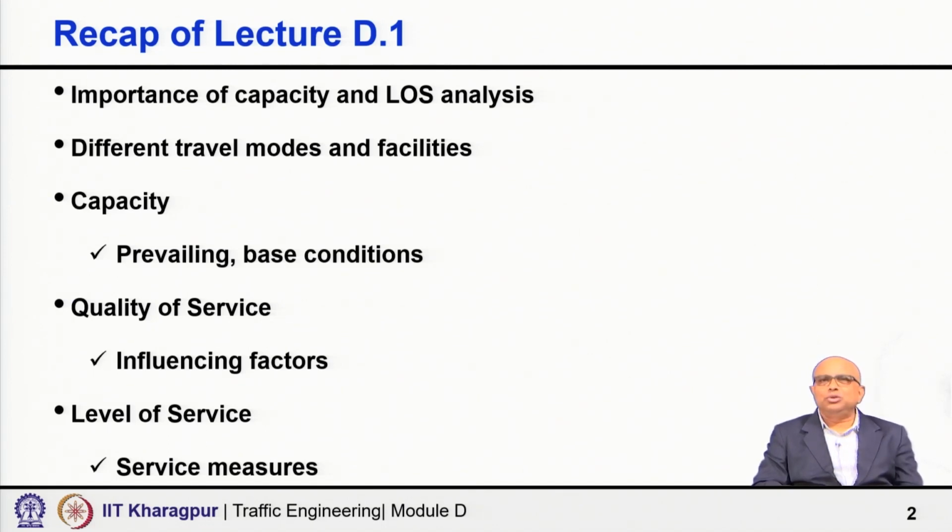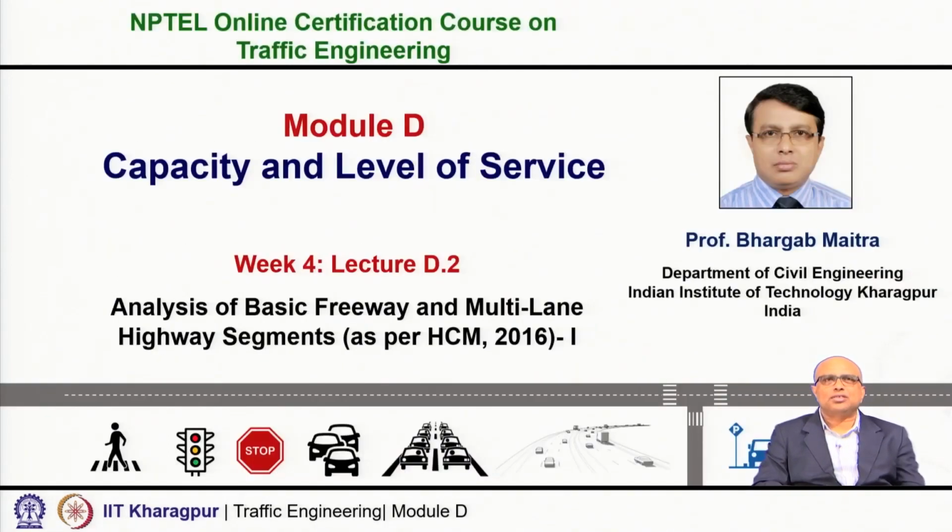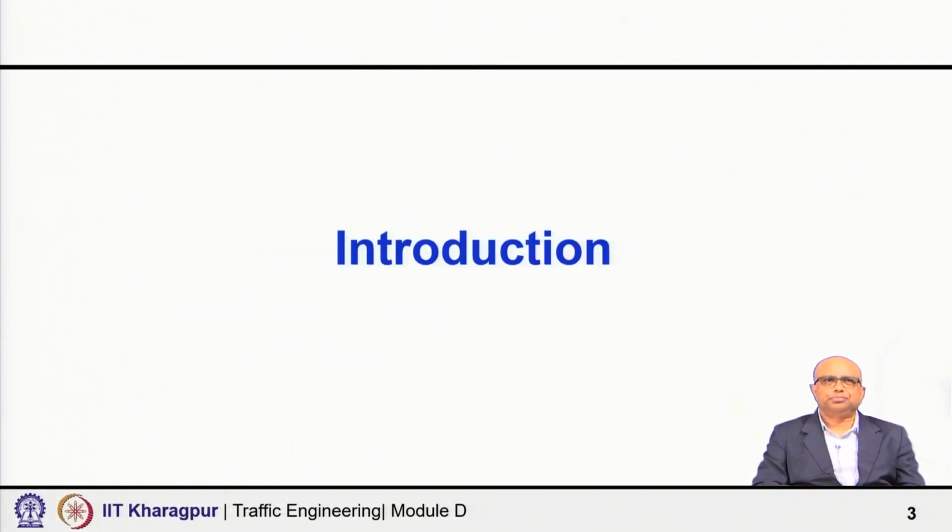With this background, today we are going to discuss basic freeway and multi-lane highway segments, and how to carry out capacity and level of service analysis as per Highway Capacity Manual 2016.